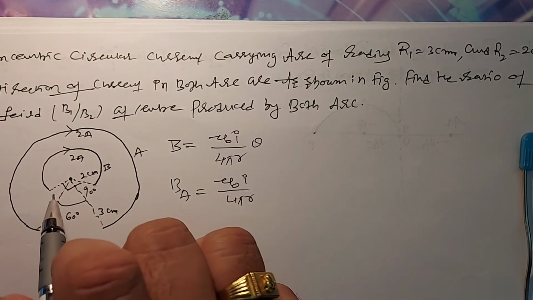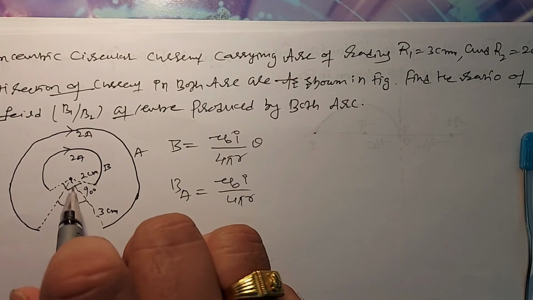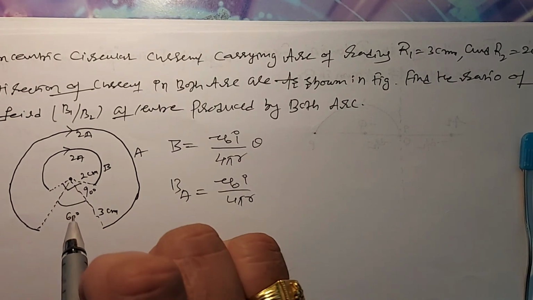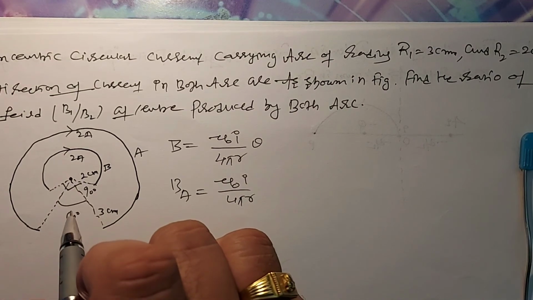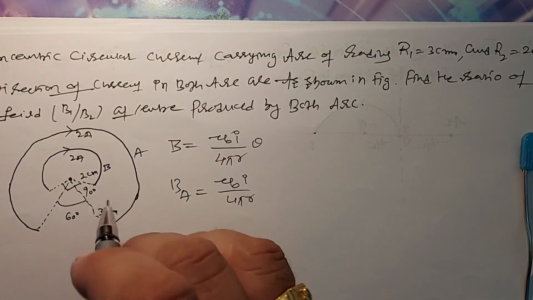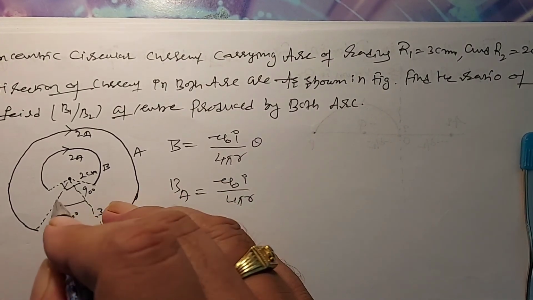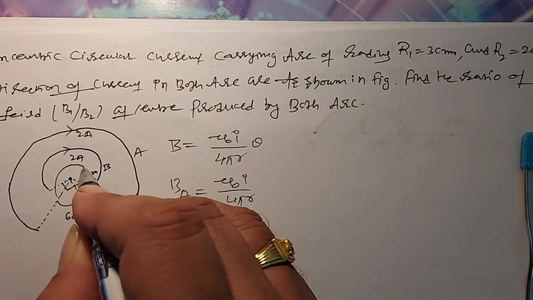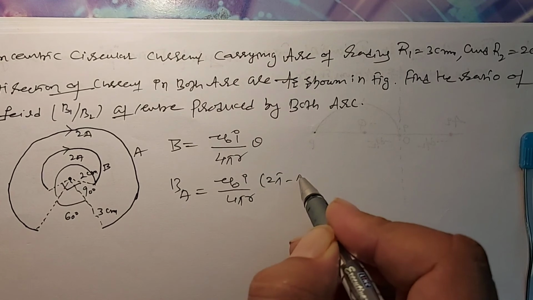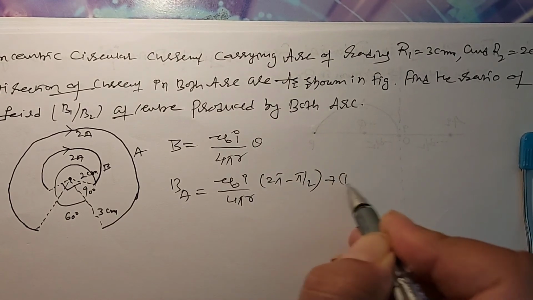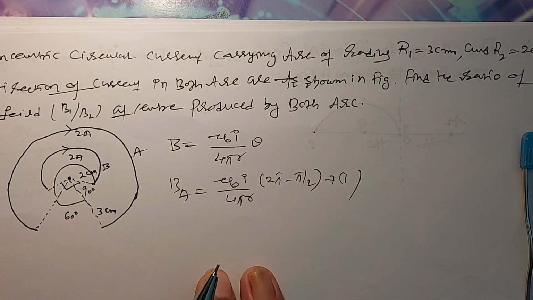The angle subtended by the bigger arc at the center is, here they have given, 90 degrees for the remaining part, so theta is 2 pi minus pi by 2. This is equation 1.